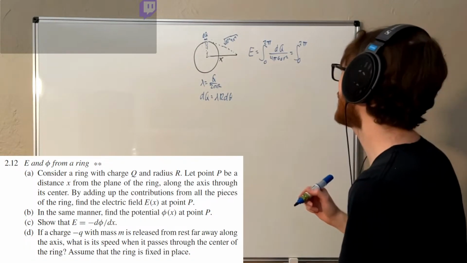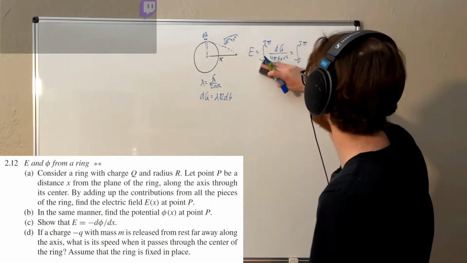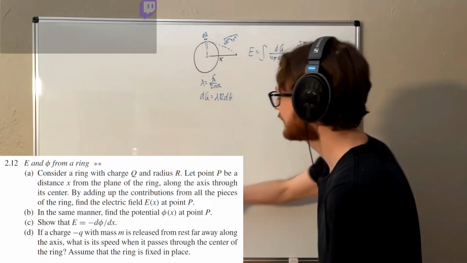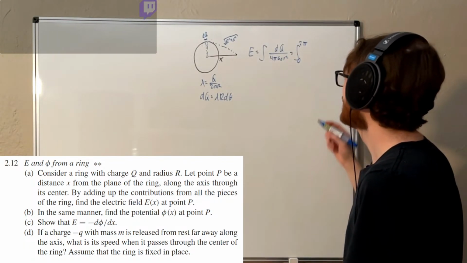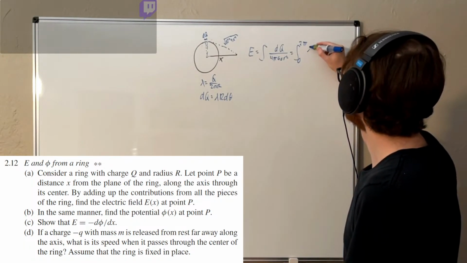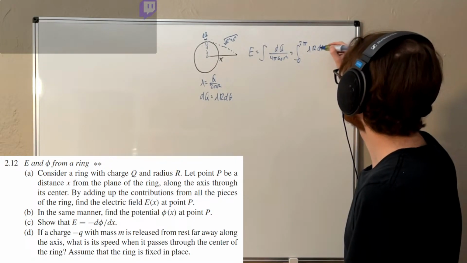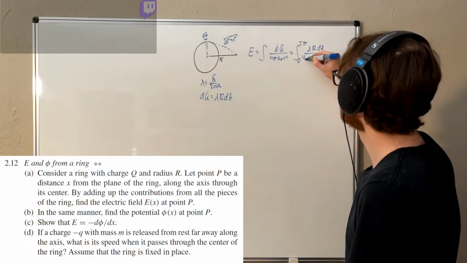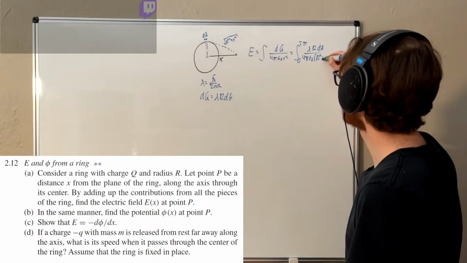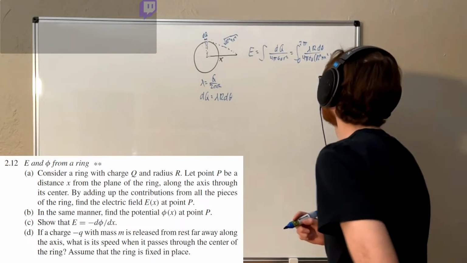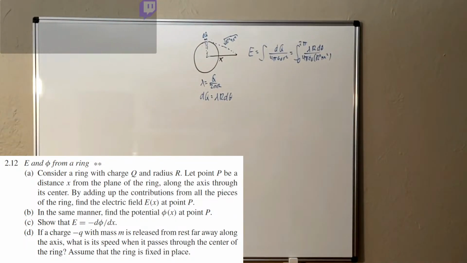So dq. Oh, that's terrible of me to have written. I'm just going to leave off the bounds so I don't have to think about the bounds for dq. Lambda r d theta. 4 pi epsilon naught r squared is big R squared plus x squared. We need a cosine theta.